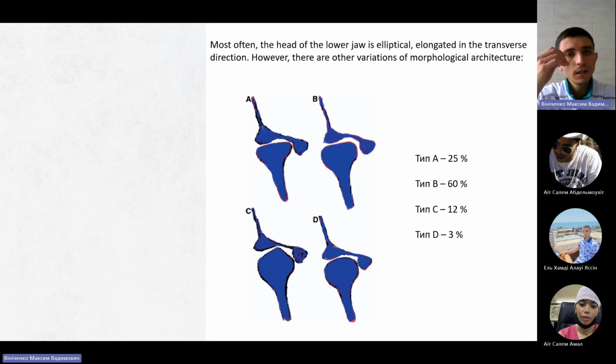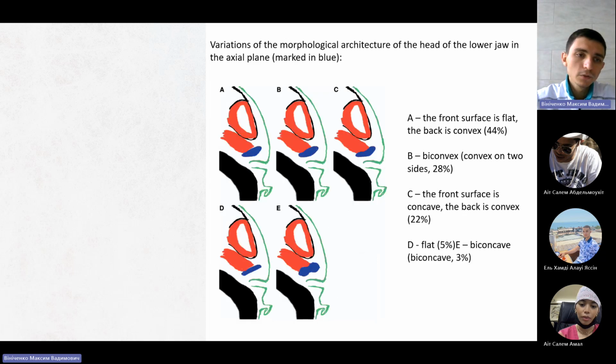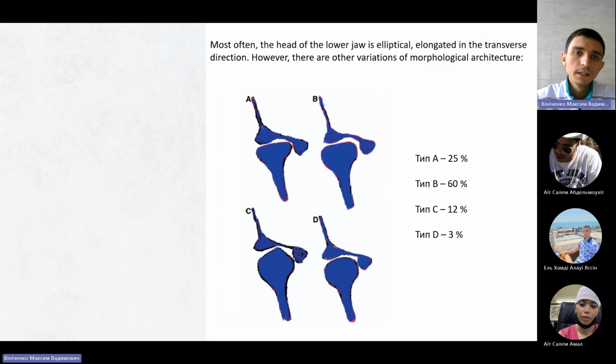Most often, the head of the lower jaw is elliptical. If we call it elliptical, it is picture B. We see that 60% of our patients may have this anatomy of the head of the lower jaw, 60%, elongated in the transverse direction. However, there are other variations of morphological architecture.